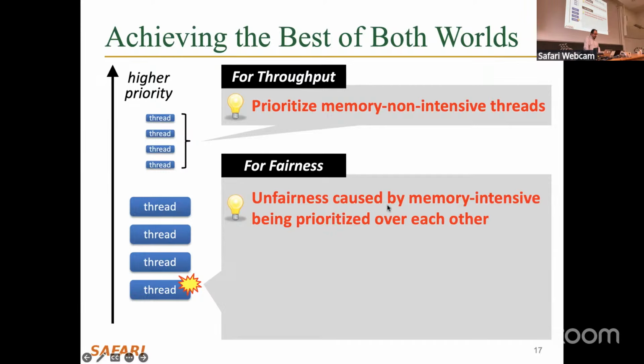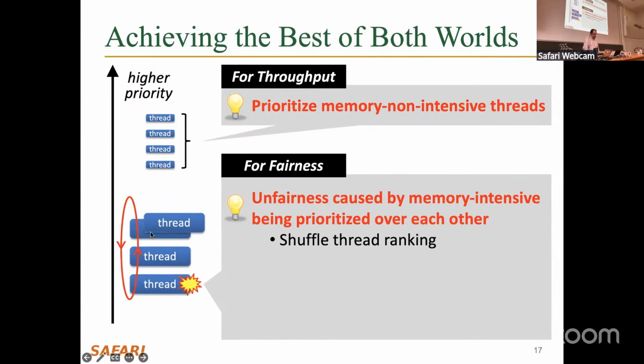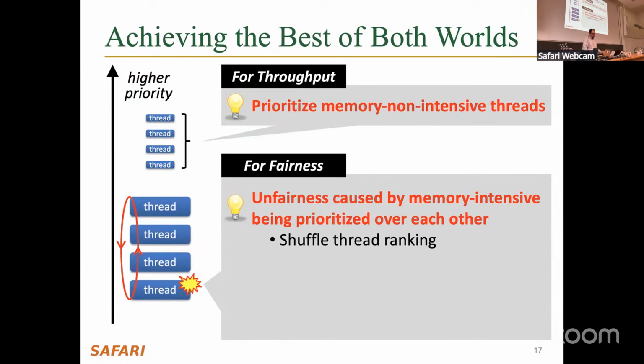So unfairness is caused by memory intensive threads being prioritized over each other. There might be different elephants of different sizes. So essentially here you might get some unfairness by, for example, continuing to schedule thread A over thread B. In order to handle that, we try to shuffle the thread ranking.